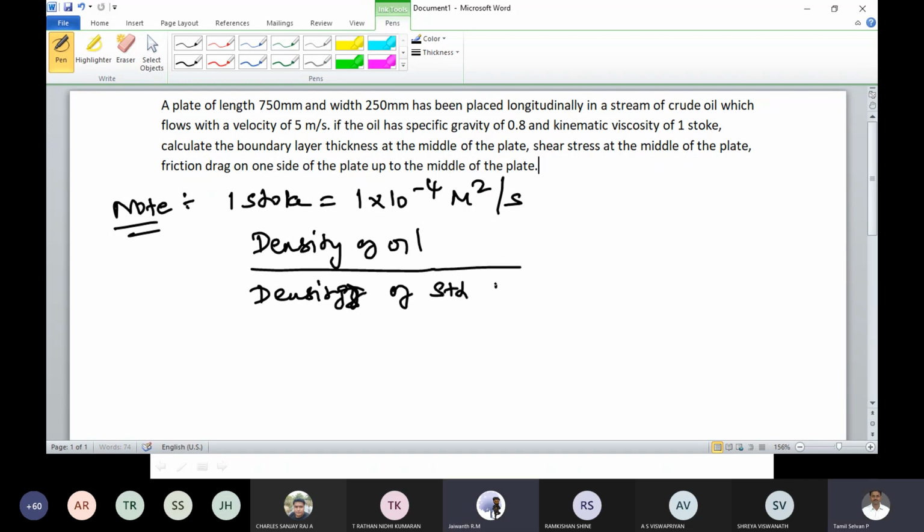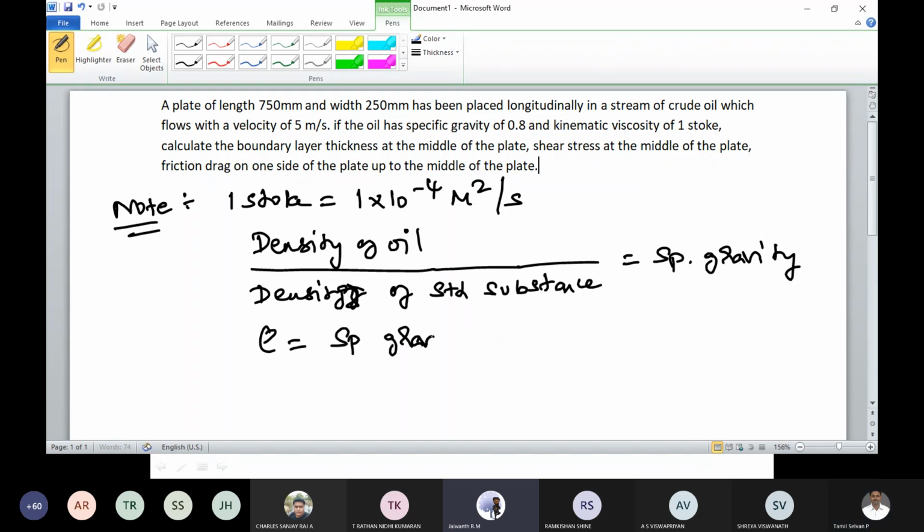So what is the standard substance? Water. So specific gravity is relative to water. Density rho of oil is equal to specific gravity into density of water.